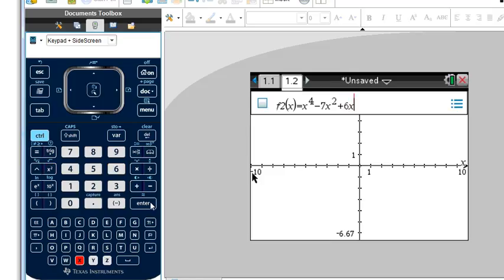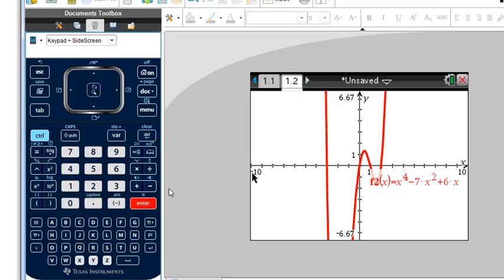And really, this is a graphing calculator problem. I guess there are other ways you could look at it using non-calculus methods. Anyway, we have two local minima.